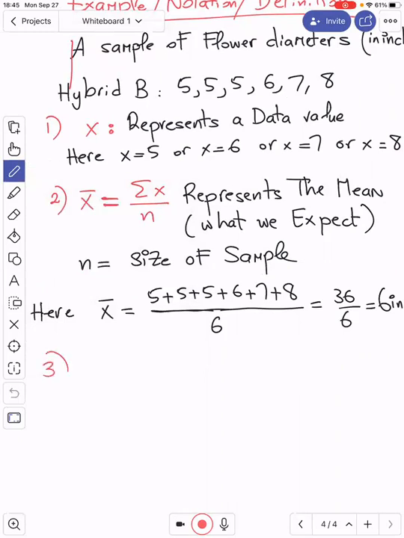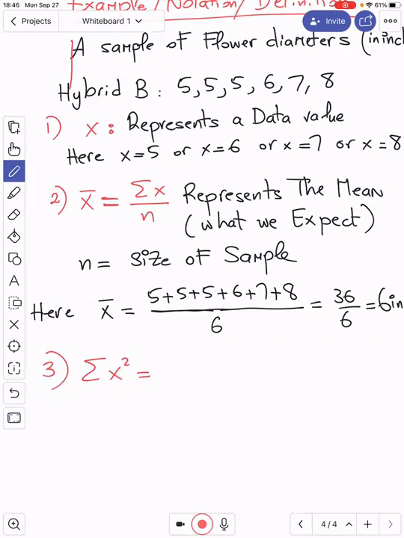In the third step, we need the sum of X squared. You just take the square of the data values, so the sum of the squares of the data values.